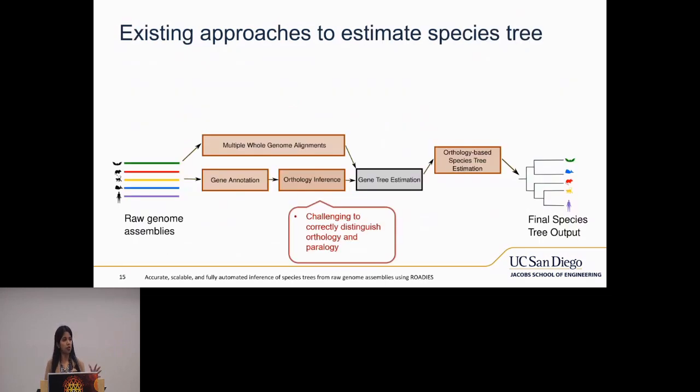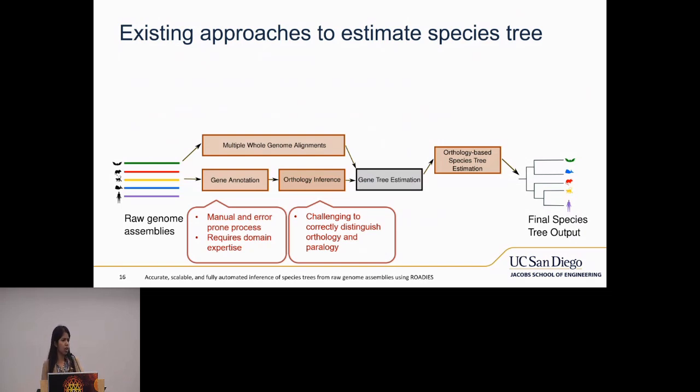Even though we have discordance-aware tools, there are other challenges that still exist in the entire pipeline of conventional approaches. First of all, it's very difficult to infer orthologs because of the presence of paralogs, so inferring true orthology is challenging. Gene annotation is also not very straightforward, as you need to annotate the genes, and for that you need some domain expertise.